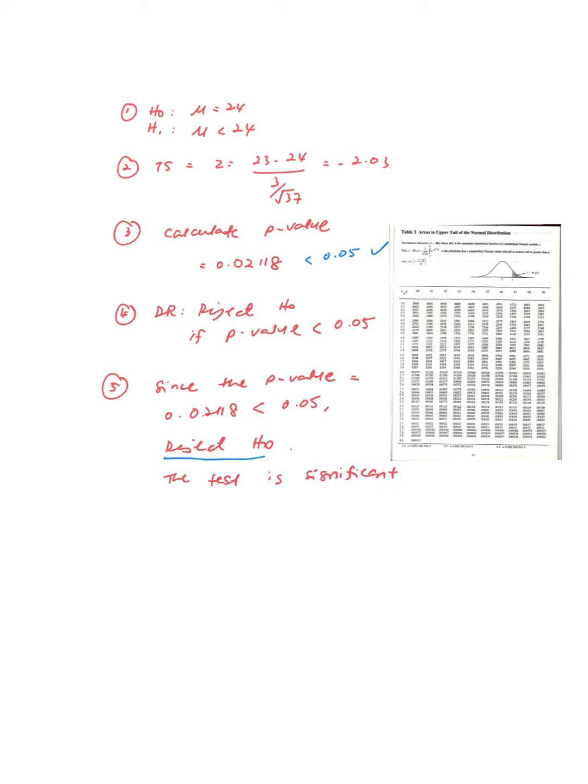So there is significant evidence to indicate the mean life of a battery is below 24 months.